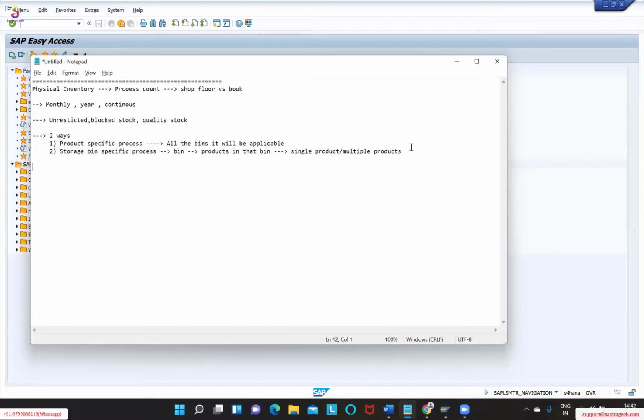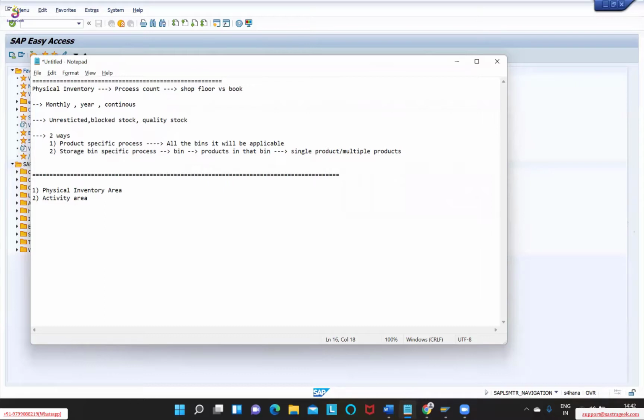However, when we talk about these physical inventory methods, we need to have certain configuration in place, which we will be defining. What do we require? We will require something called a physical inventory area. We also require an activity area, which needs to be linked for both.